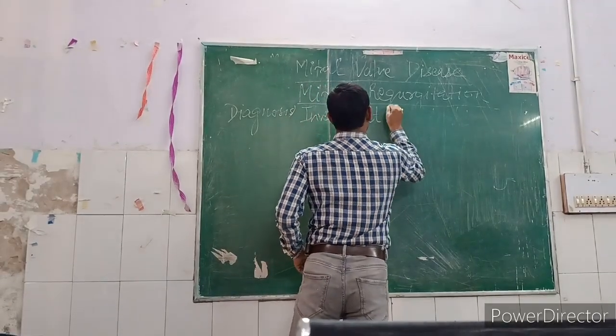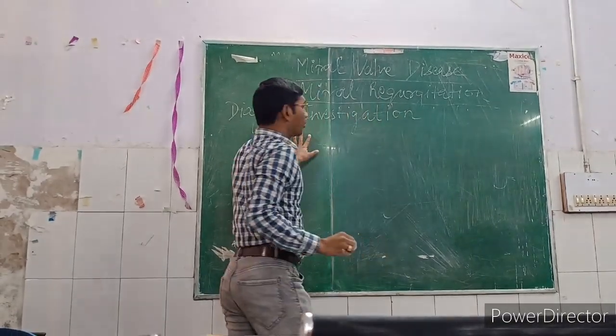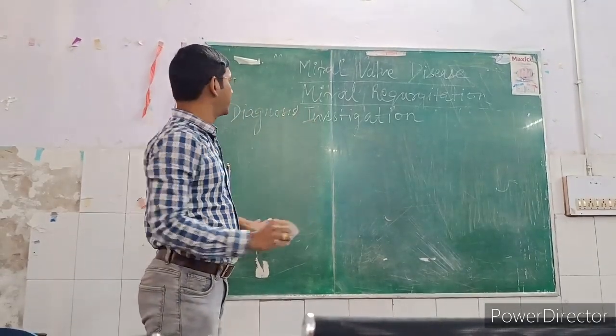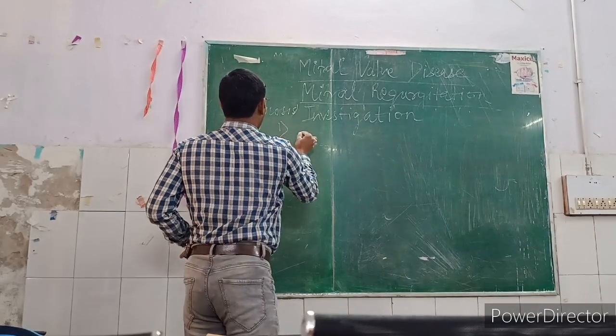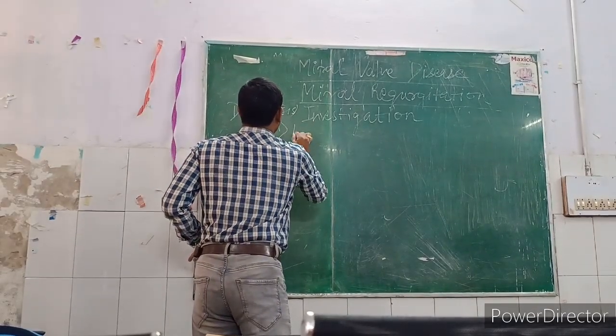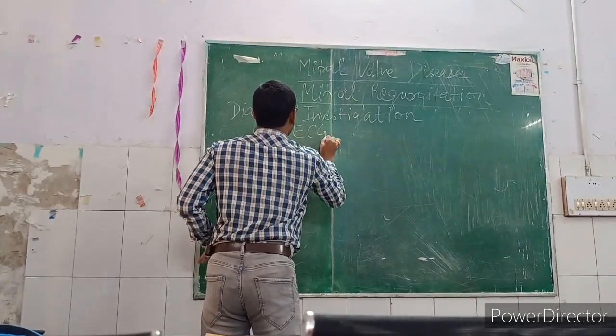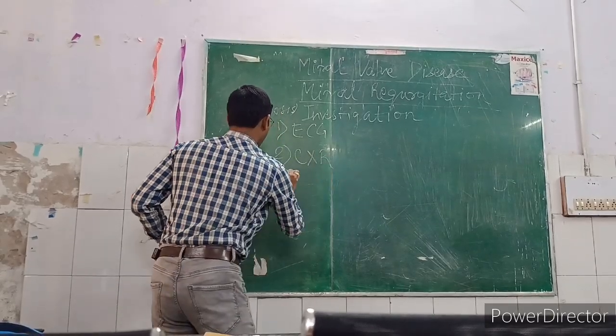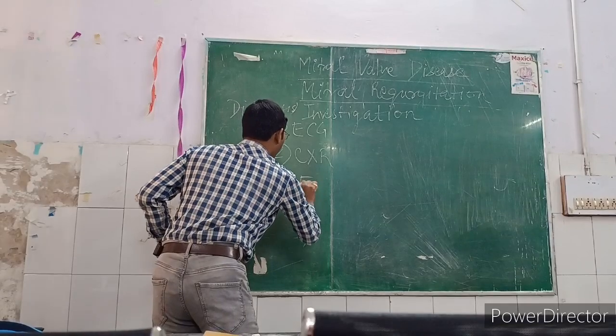As I have already told you, there are five basic investigations which catch all valvular disease. Number one is ECG. Number two is chest X-ray. Number three is echo.